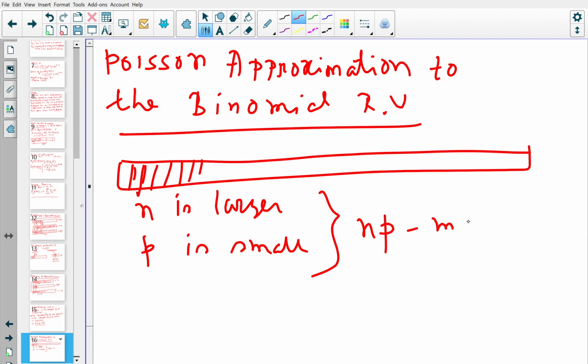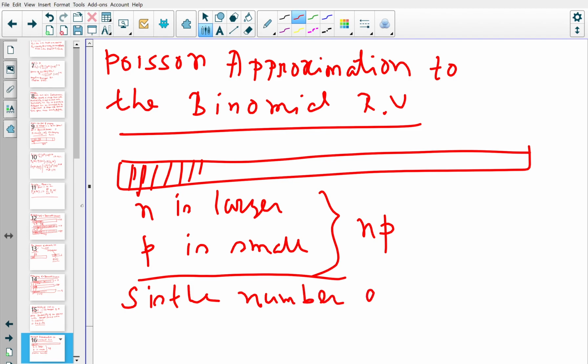Okay, so then what we learned in our earlier classes, we can approximate this process by the Poisson approximation. Suppose the number of successes, the number of arrivals, then we can find the mass function.